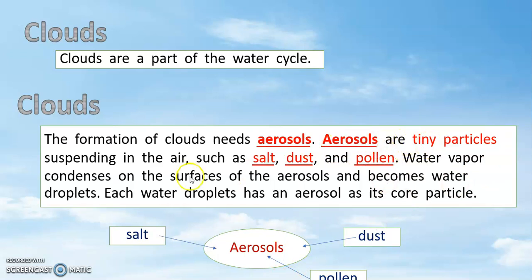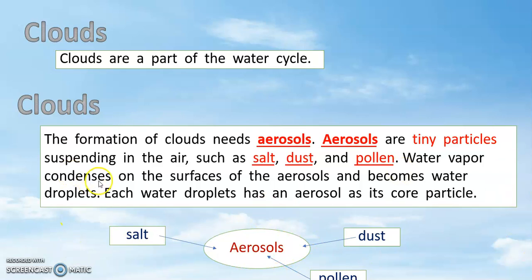Aerosols are tiny particles suspending in the air. Examples of aerosols are salt, dust, and pollen. Those are the 3 examples of aerosols.